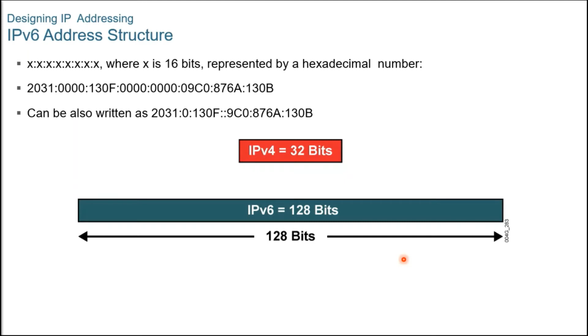IPv6 address structure. Let us introduce IPv6. IPv6 is a technology developed to overcome the limitations of the current standard IPv4, which allows end systems to communicate and forms the foundation of the internet as we know it today. This section on IPv6-specific design considerations provides an overview of IPv6 features and addressing and explains the various IPv6 address types.